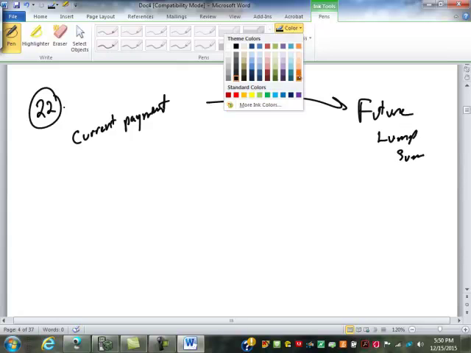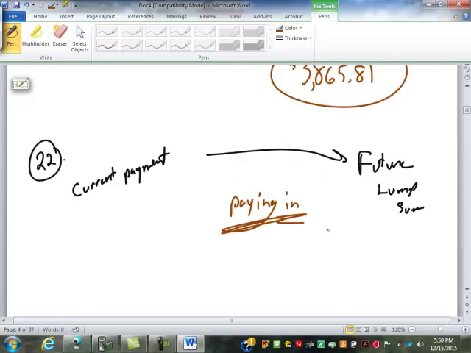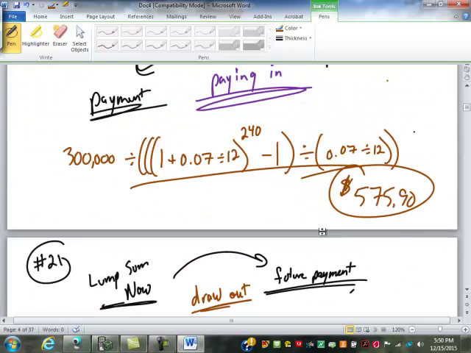So this is paying in. So that means we go up to that first formula for number 20. But instead of having the lump sum and figuring out the payment, we have the payment and we're figuring out the lump sum. So we would put the payment amount here and then multiply instead of dividing, and then the rest of it would be the same, of course, just changing the percents and the number of periods.